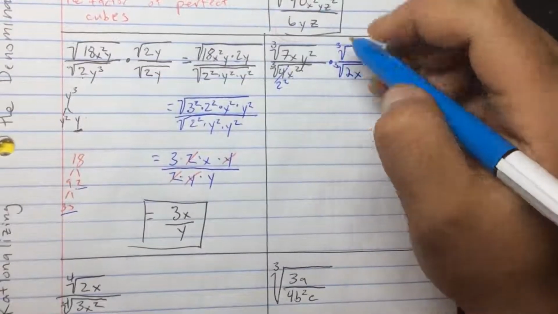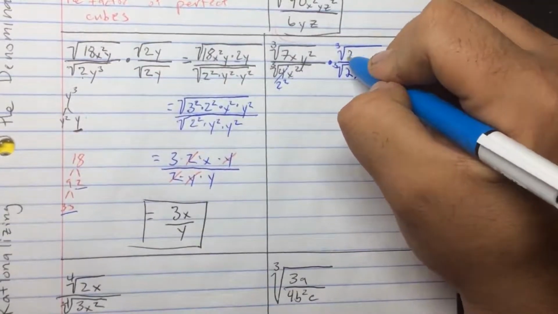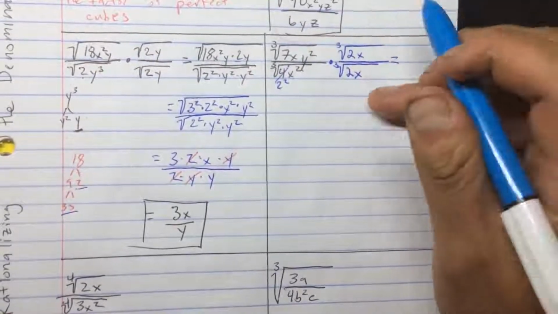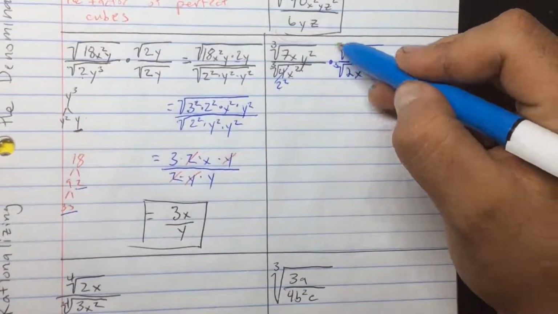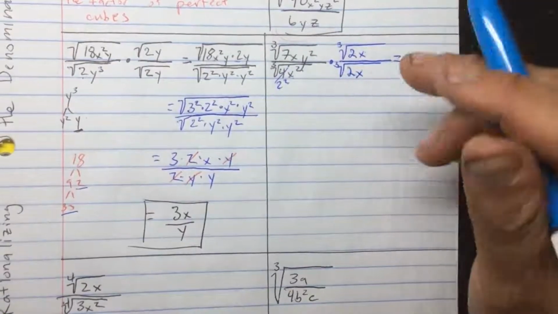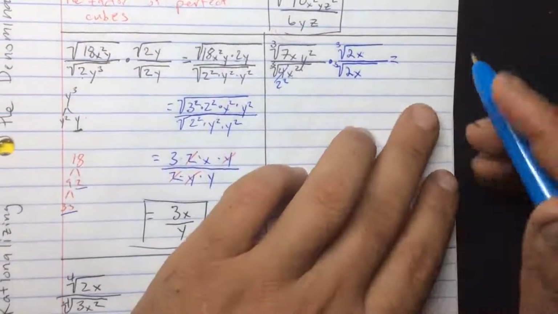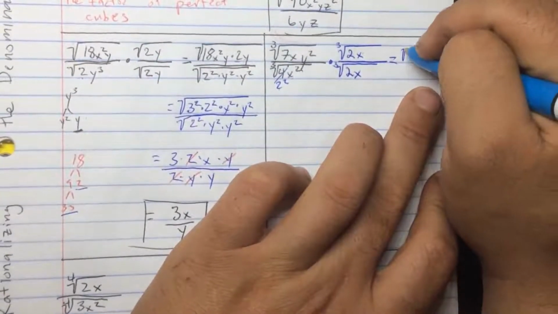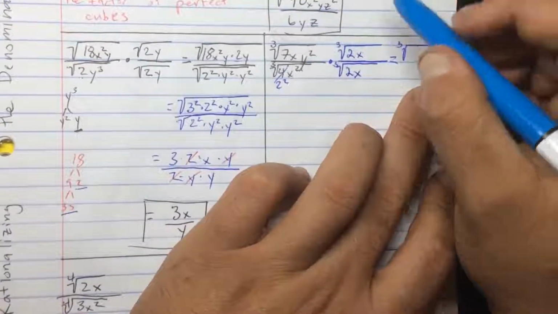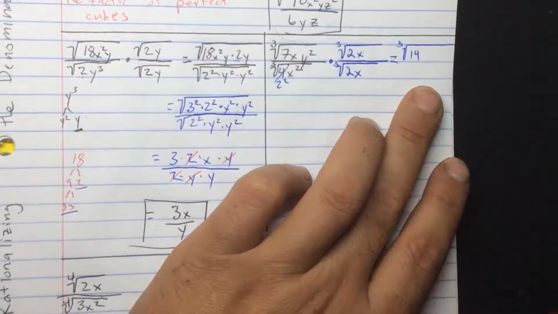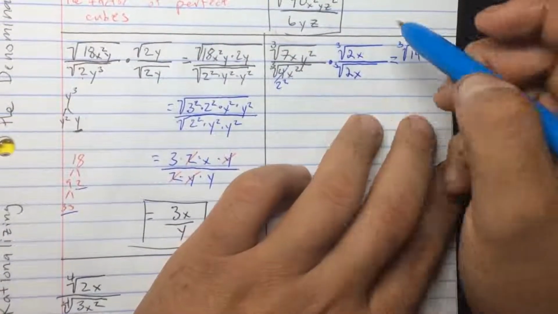So the top's going to stay the same, but here, because it has to be the same or else it won't be 1. The cube root of 2x divided by the cube root of 2x is 1, so this is going to be good for us. Okay, I'm just going to multiply this one through. So we got 7 times 2 is 14, because I know none of that can come out, so I might as well just do it that way.